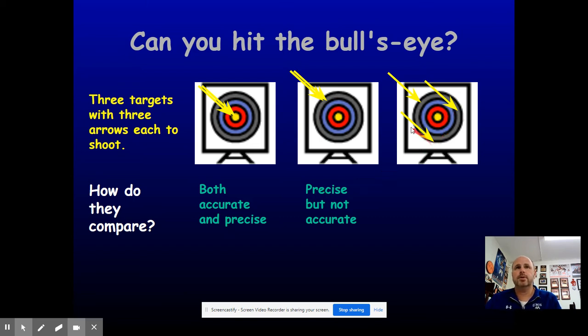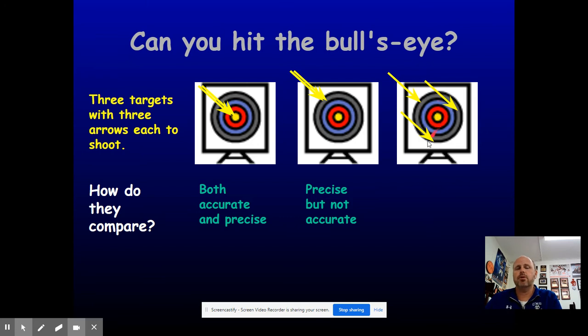Then you look at these ones here, which leads into our discussion of multiple trials or multiple throws versus one trial or one throw. If we look at these, they are all over the place. In terms of precision, no chance they're precise. But if we were to take the average, if we were to triangulate the average middle, it's pretty close to the center of this bullseye.